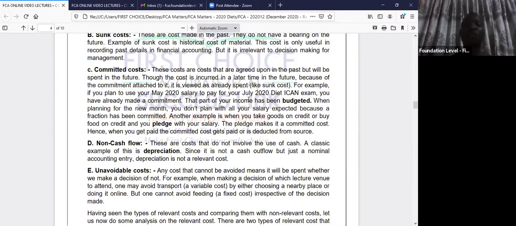Now, if you want to plan your budget, say you want to pay your ICAN exam fee, will you be thinking that you have 100,000? No, you'll be thinking that your salary is 50,000 because by commitment, 50,000 will be deducted from your salary. Yes, it's going to be done in the future, but that commitment makes it look like a sunk cost. So you don't plan with it.